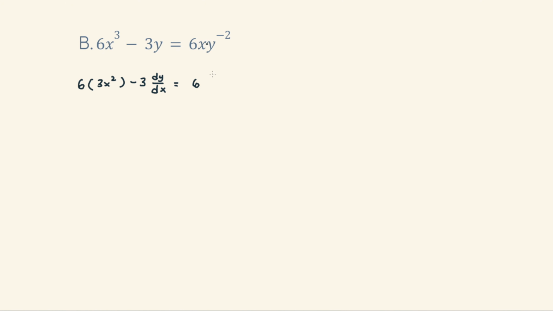The derivative of 6x is 6. We multiply it by the second function, and then we're going to add that to the derivative of the second function, which is minus 2y to the minus 3 with implicit differentiation here. This is dy over dx, right? And then we're going to multiply that by that first function, that's 6x, okay?